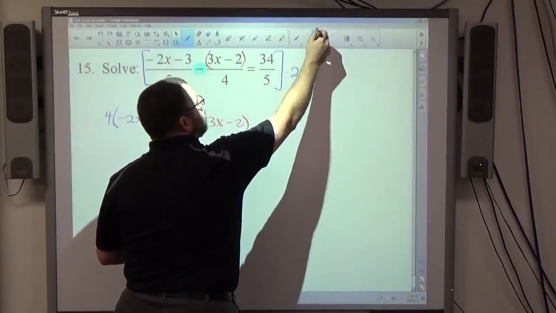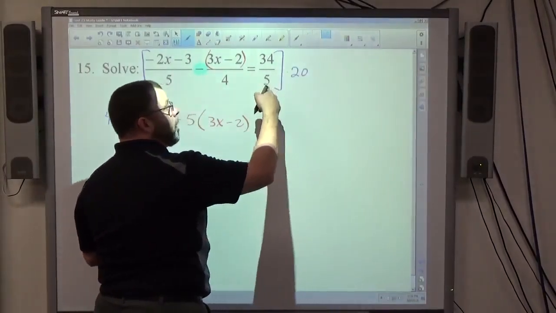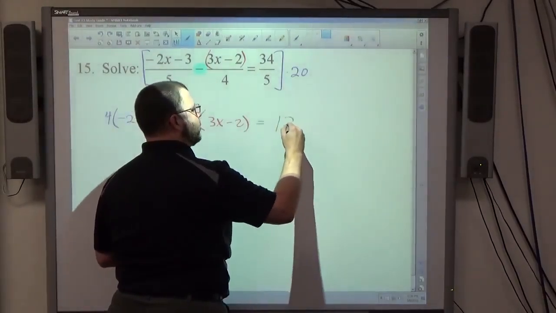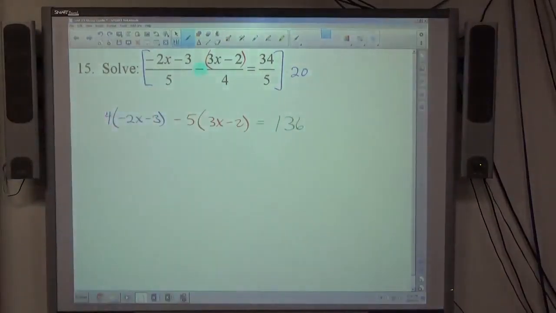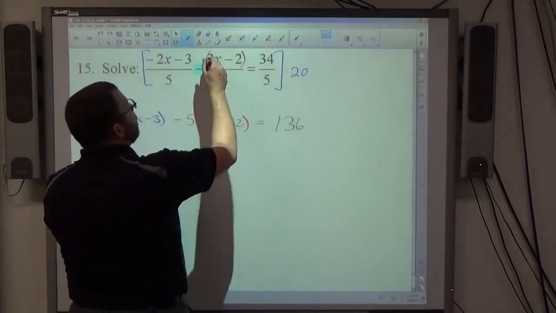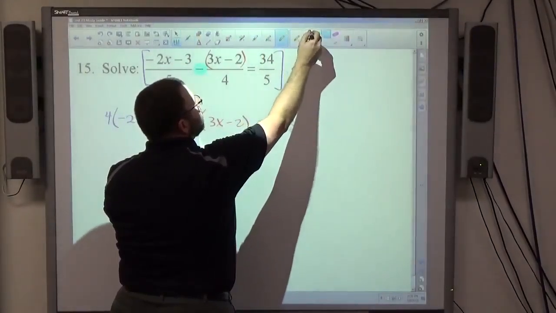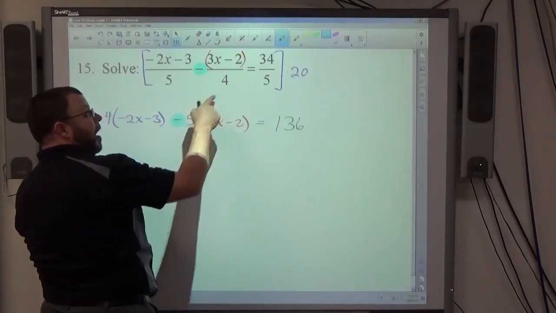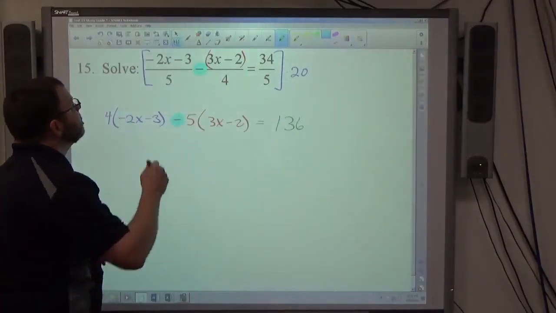And then 20 divided by 5 is 4 times 34 is 136. Okay, so that minus sign right there is the same as this minus sign right here, which is attached to this 5, which was the quotient of the 20 and the 4.